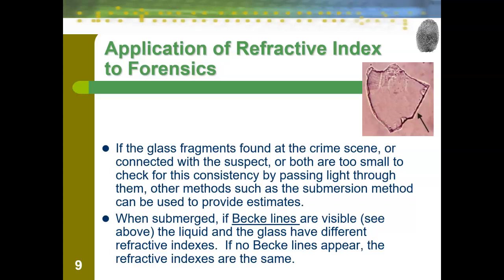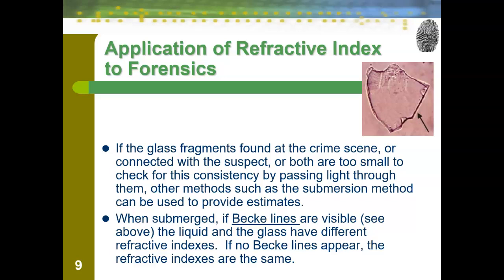How this works is we submerge that piece of glass in a liquid and we look for what are called Becke lines, and that is this dark outline that you can see on the piece of glass in the picture. If Becke lines are visible, that means our liquid and our glass have different refractive indexes.